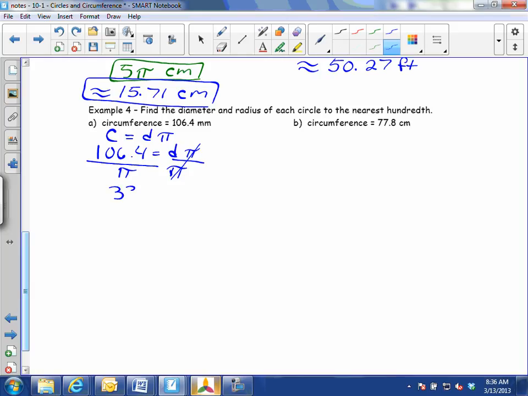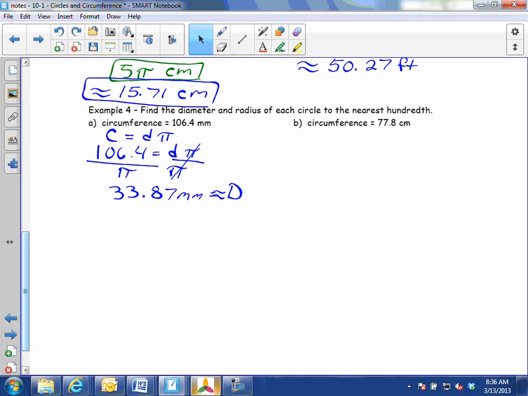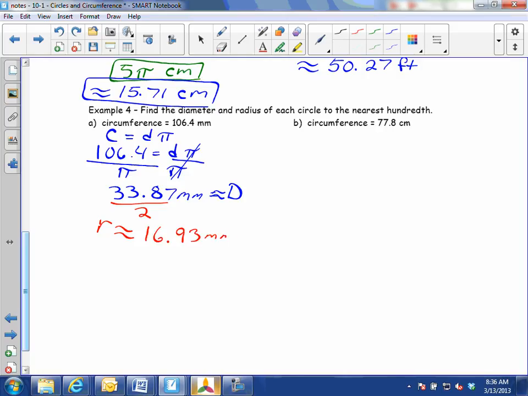33.87. So then 33.87 divided by 2. 16.9.